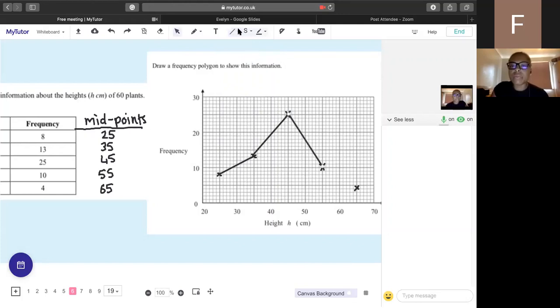Also make sure that you're not mistaking frequency polygons for scatter graphs either. Scatter graphs are different, where you have many points and then you have to draw a line of best fit. With frequency polygons, you have a line which goes through each individual point. So please remember that.